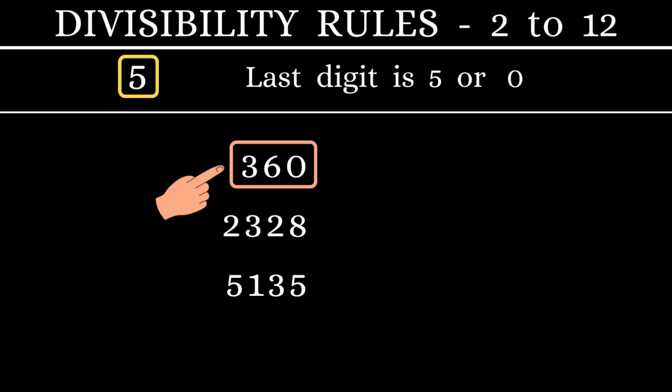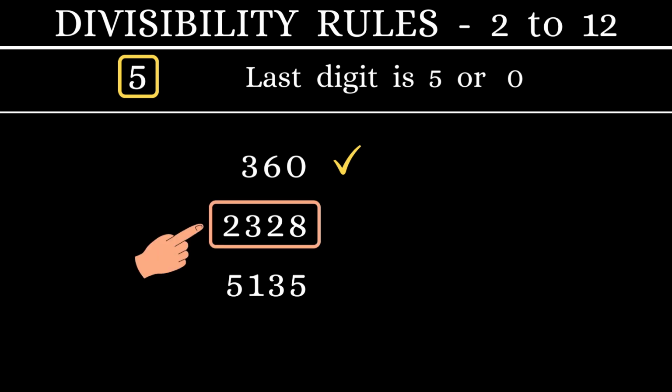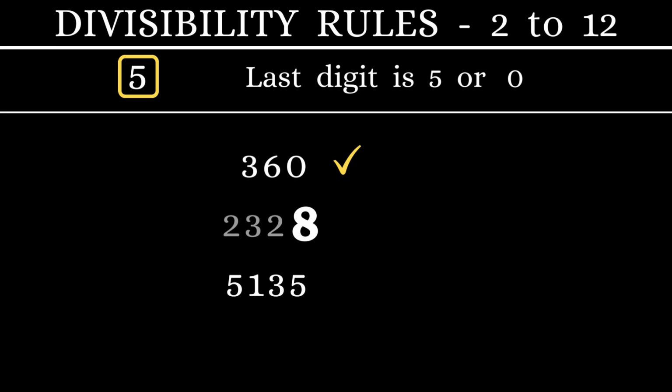In 360, the last digit is 0. Hence, it is divisible by 5. In 2328, the last digit is 8.